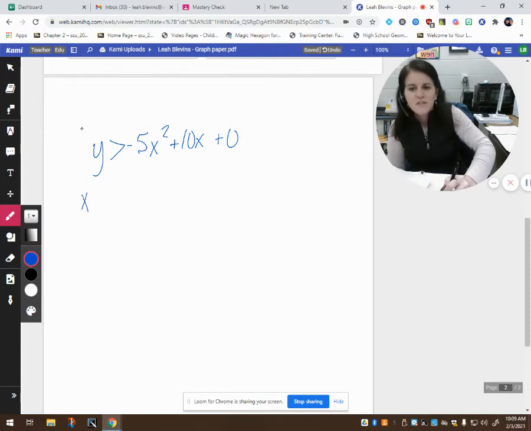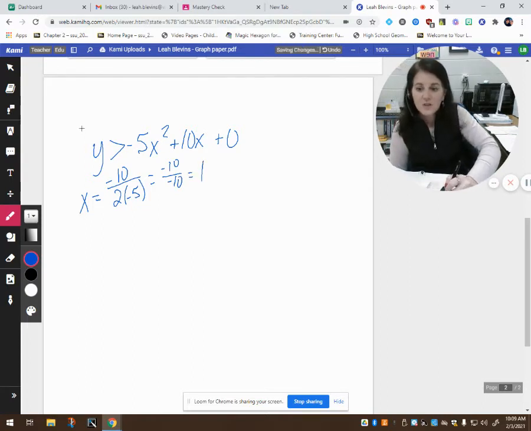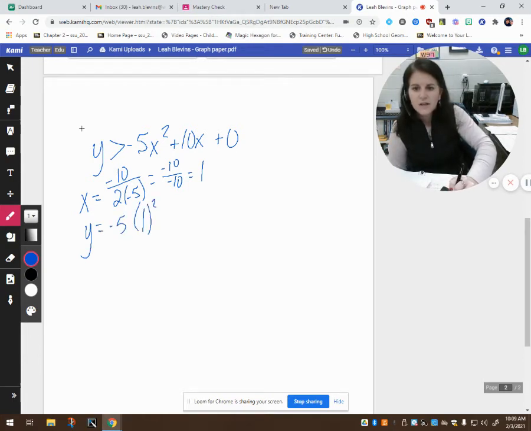We're going to start by finding the vertex, negative b divided by 2 times my a value. So we end up with negative 10 over negative 10, which is a positive 1. So we found the x-coordinate of our vertex. Now we need to find the y-coordinate. Negative 5 times 1 squared plus 10 times 1 plus 0.